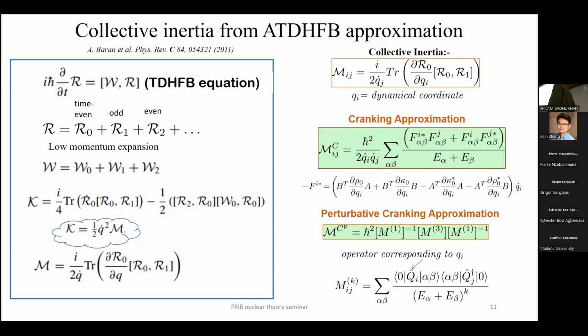Here we only need to calculate the expectation value of the moment in the quasi-particle basis and the quasi-particle energies. From there, we can get the magnitude or value of the collective inertia. So these expressions are often applied. I will mainly discuss the results we get using this perturbative cranking approximation. And this cranking approximation is important maybe for lifetime calculations, which I will not cover in this.